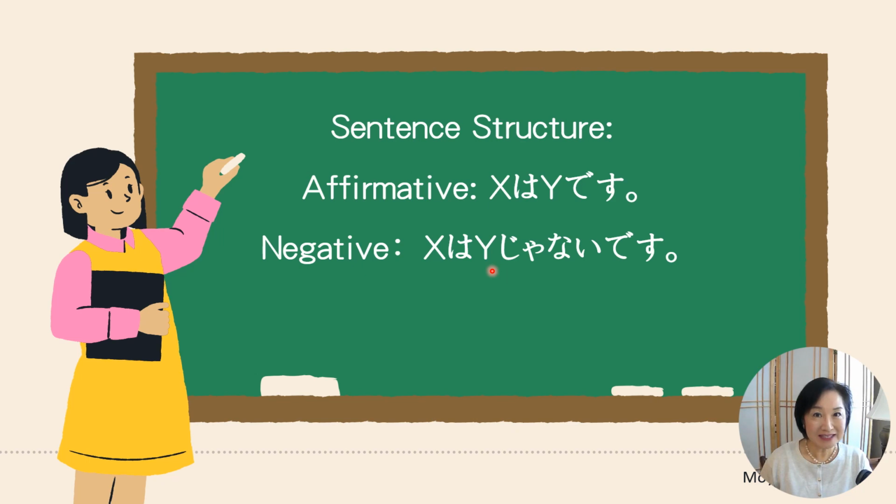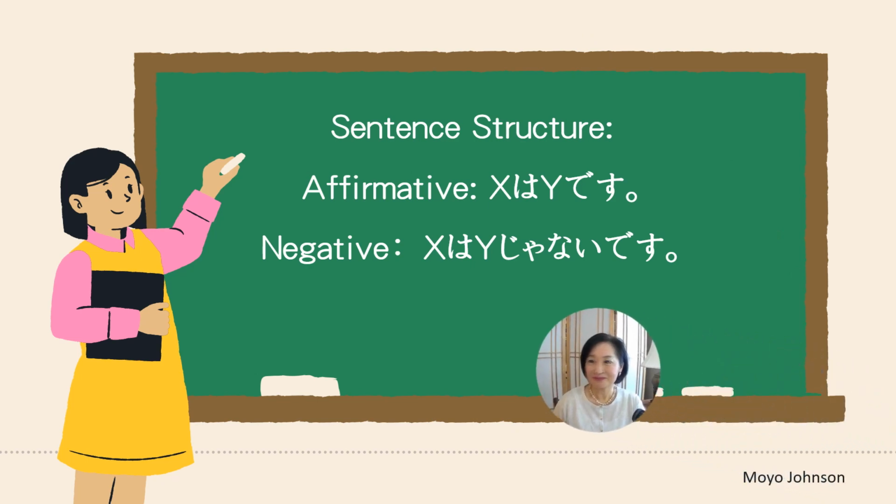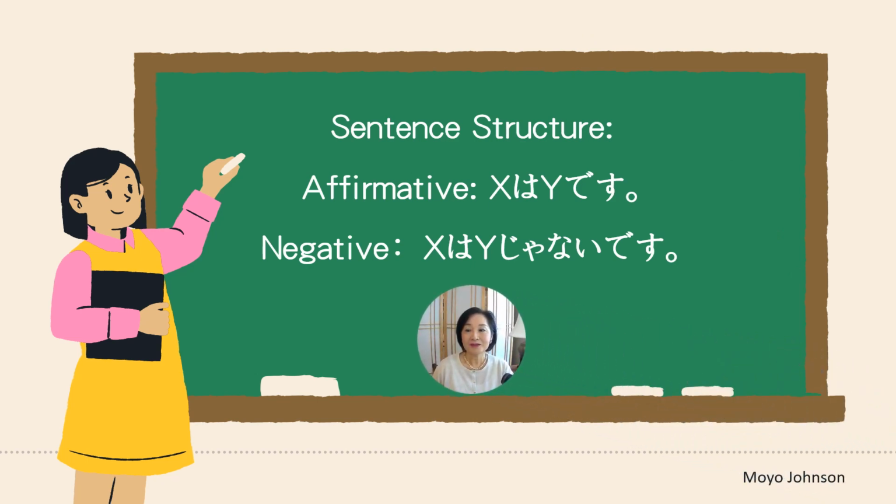There are different types of adjectives, but not adjectives and nouns conjugate the same way in the negative statement. So you can say, 私は元気じゃないです to say, I'm not fine. But in today's lesson, I'd like to talk about noun negative statement only. I will talk about adjectives in my later lesson, but today let's study negative statement using nouns here.